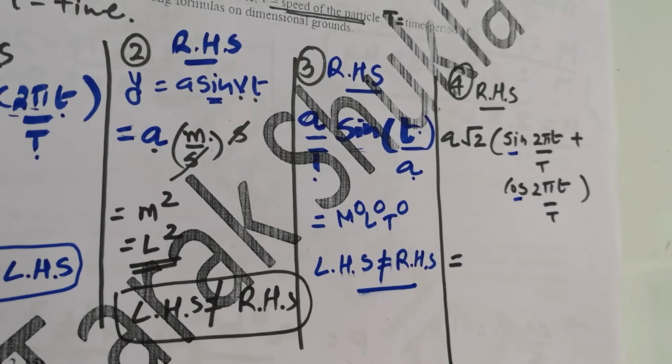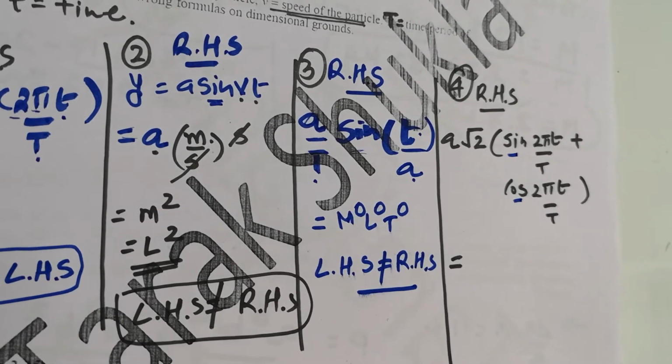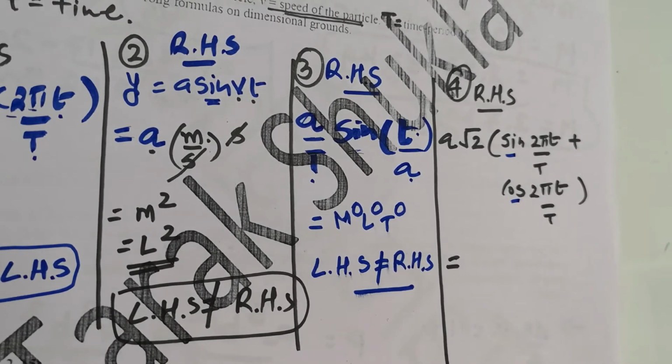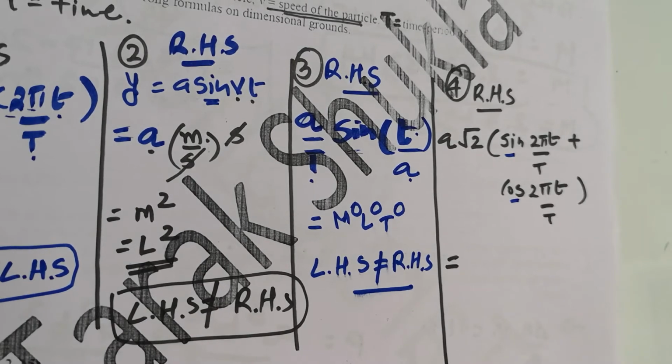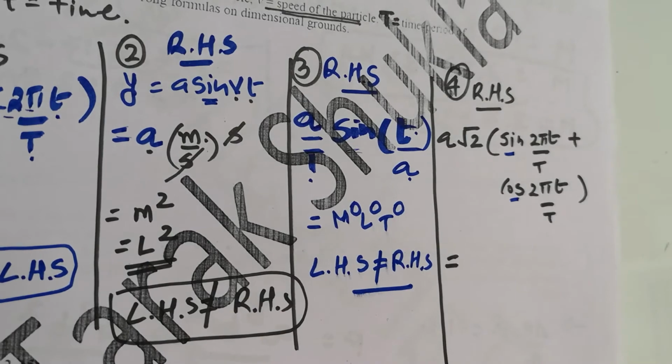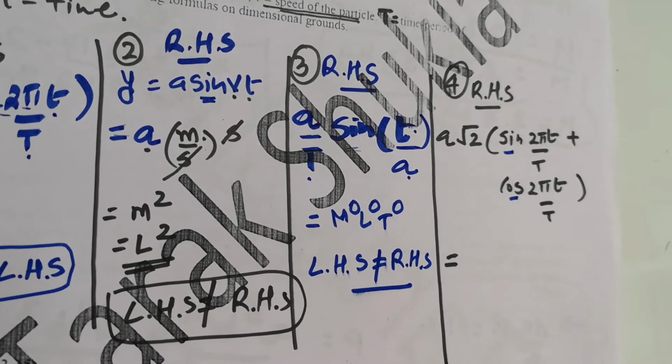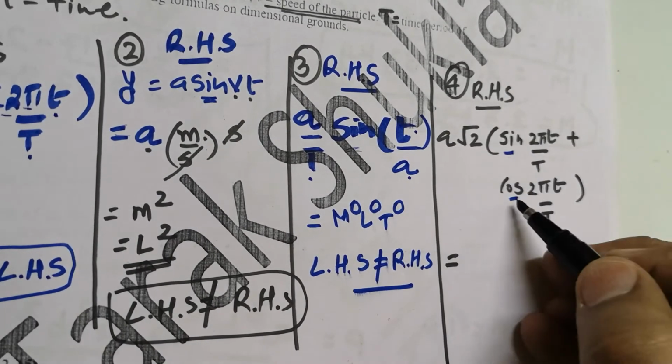Recall that whenever we discussed dimensional configuration, I told you dimensional configurations are not valid for logarithmic functions and trigonometric functions. So this is a trigonometric function, sine and cosine, so I am not using them at all.